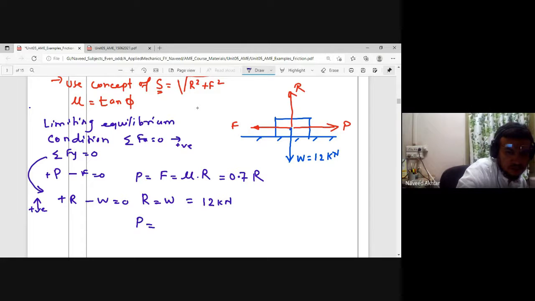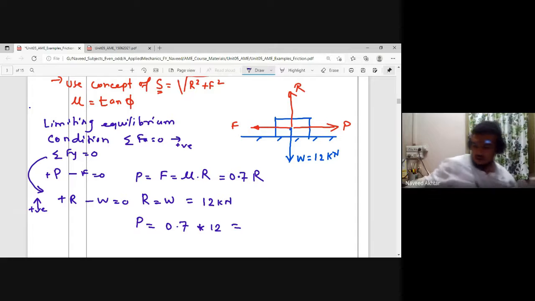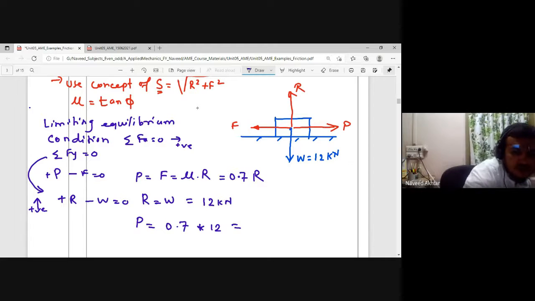P is equal to 0.7 times 12 kilonewton, 12 into 0.7, 8.4 kilonewton.